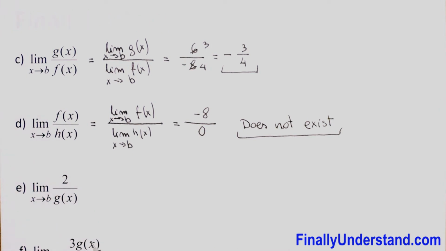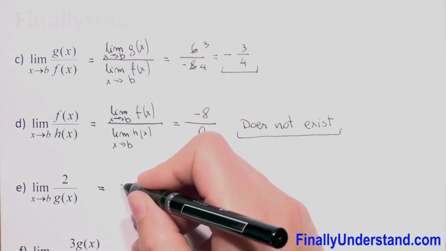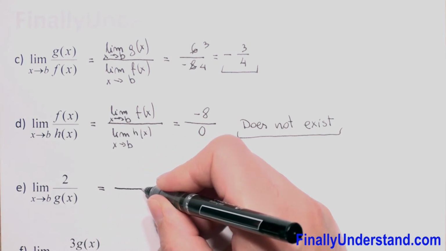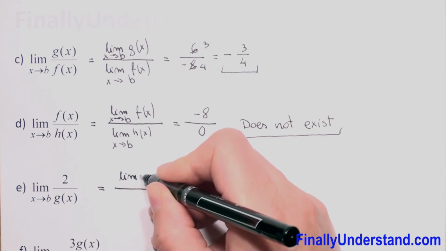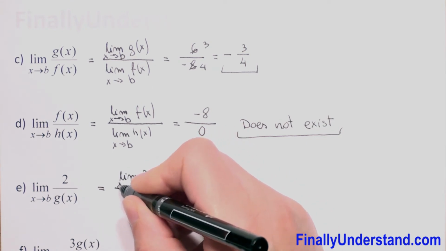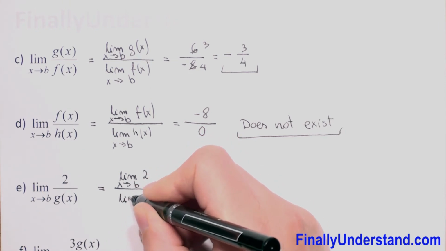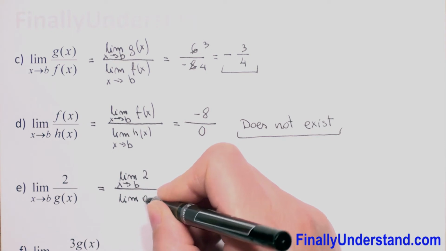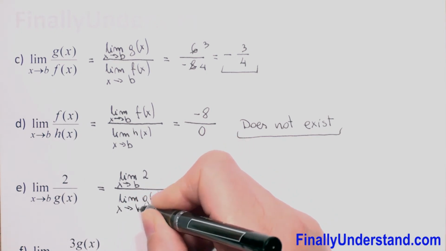So now we have to calculate the limit of 2 over g of x as x approaches b. So again we can rewrite this from properties of limits as the limit of 2 as x approaches b over the limit of g of x as x approaches b.